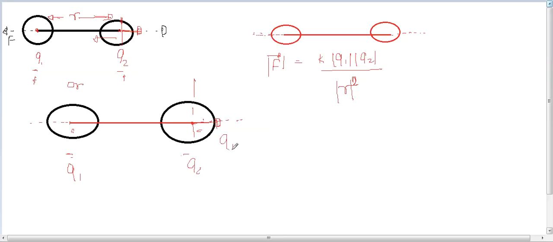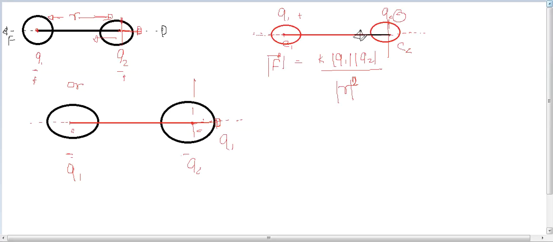Here, let's suppose this is q1, which is positive, and this is q2, which is negative. With centers c1 and c2, the direction of force will be toward the center.